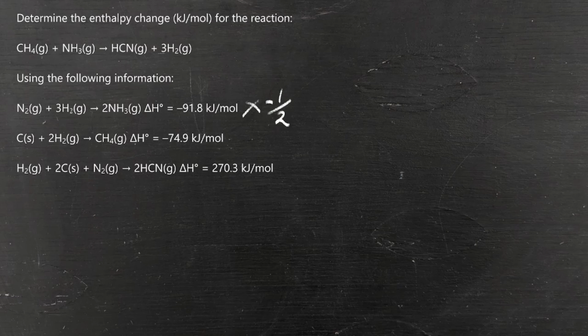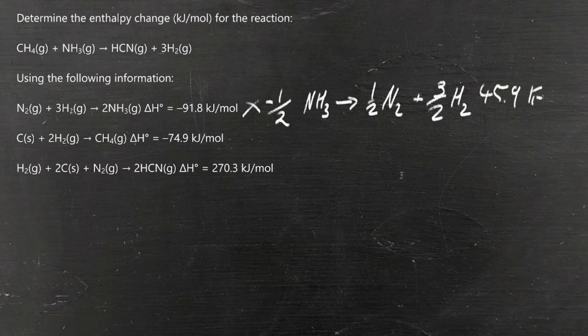So we'd end up with NH3 going to make 1/2 N2 plus 3/2 H2. And the energy change associated with this will now be 45.9 kilojoules per mole.